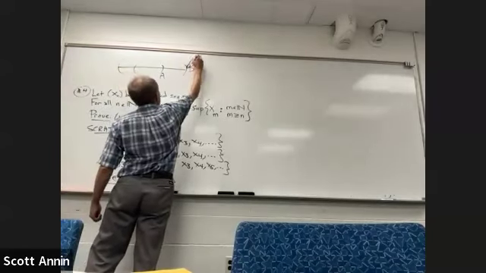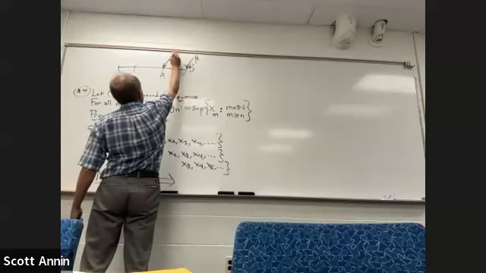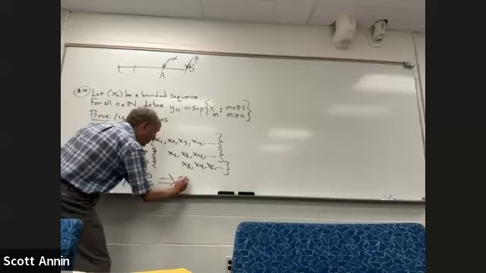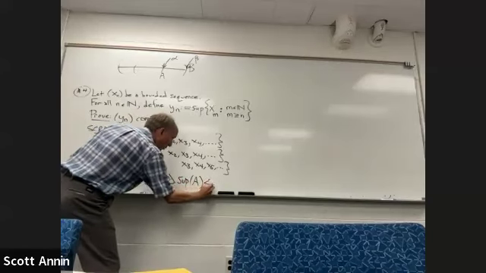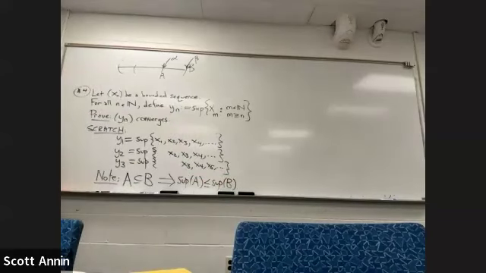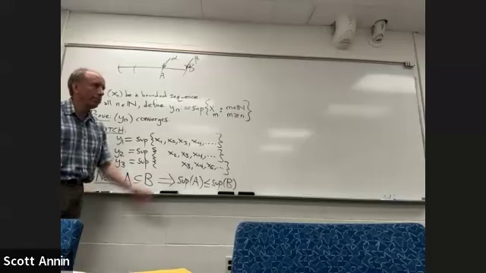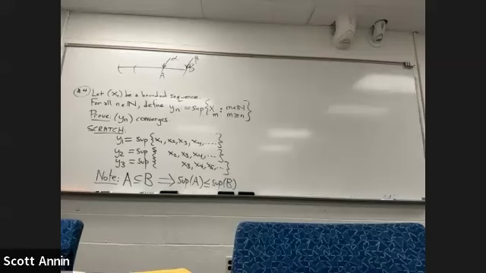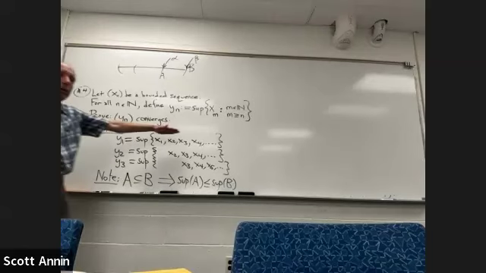The supremum of B is way over here, but the supremum of A is just right there. So what we would expect here is that the supremum of A would be less than or equal to the supremum of B. And in fact, this was a homework problem that you did about a month ago.